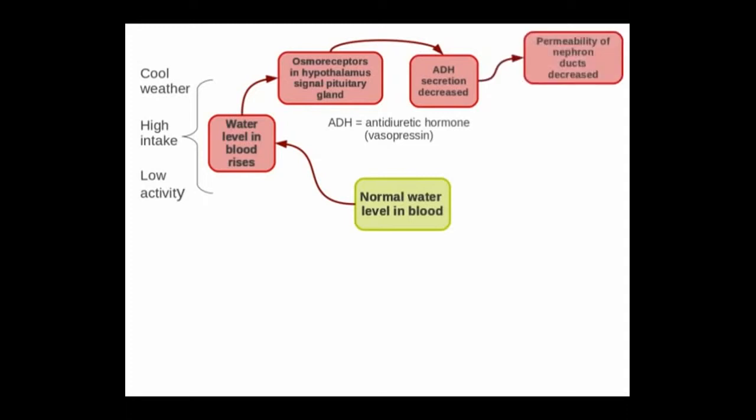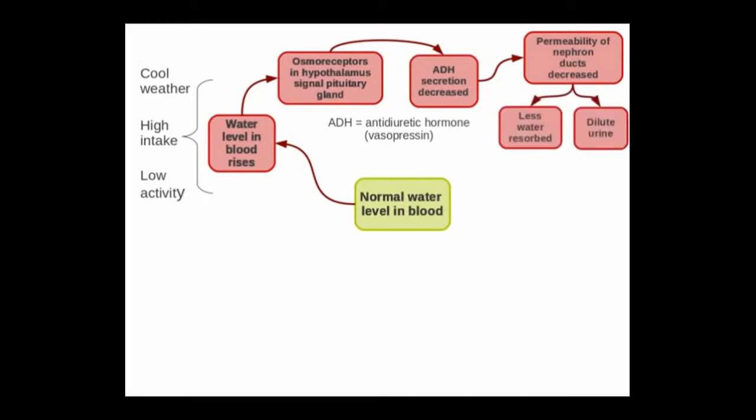When this decrease in vasopressin secretion happens, the permeability of the nephron ducts, remember those tubes that run out of the Bowman's capsule, is decreased.